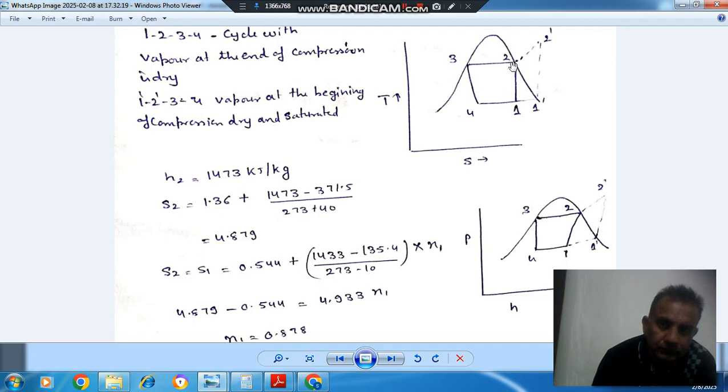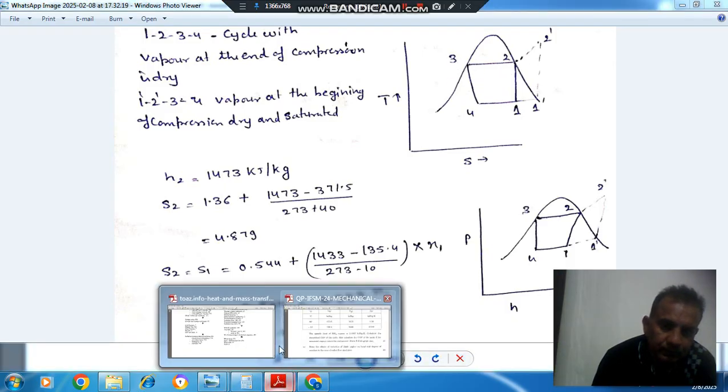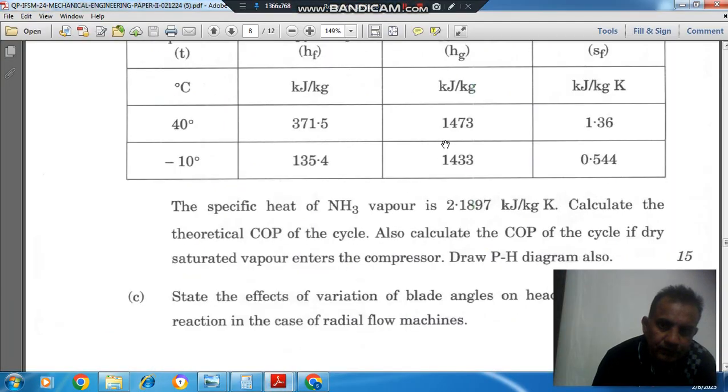So entropy of liquid is given, that is 1.36, and this heat can also be calculated, that is 1473 minus 371.5. As it is a constant pressure or constant temperature process, we divide this difference by temperature, then we get the entropy of vaporization.